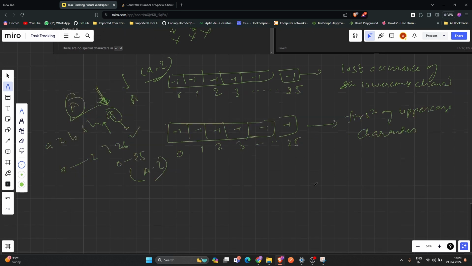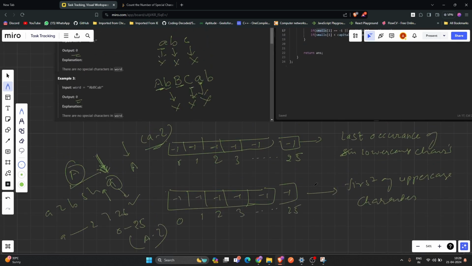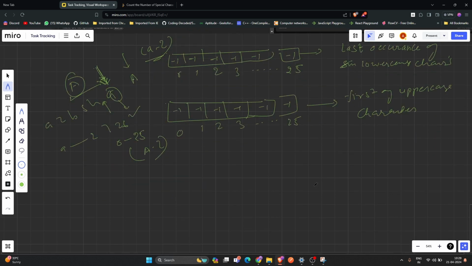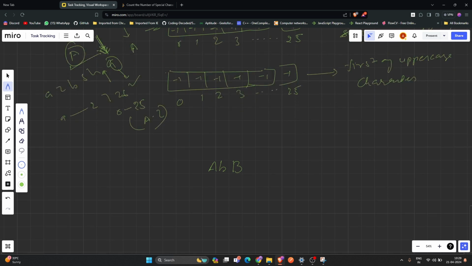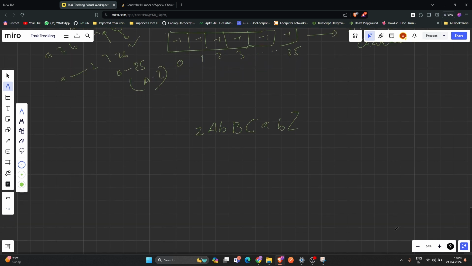Okay, let's take this example: capital A, small b, capital B, C, A, B, and here we have small z and here capital Z. I'll be doing the dry run for this example.